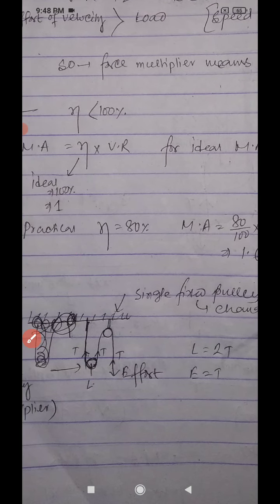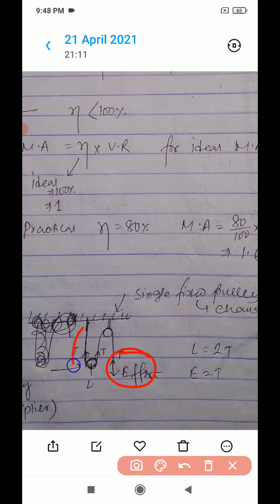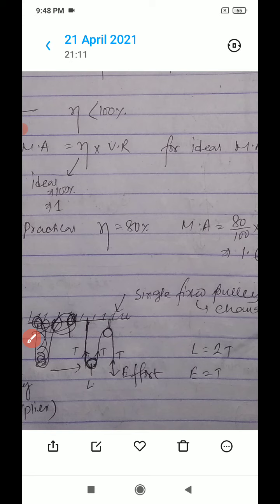Now students, if we make some improvement in this machine, this movable pulley, how? See this picture, I am zooming it. This is a movable pulley, and this is a single fixed pulley. Here the effort is given upward. Why is this machine not good?